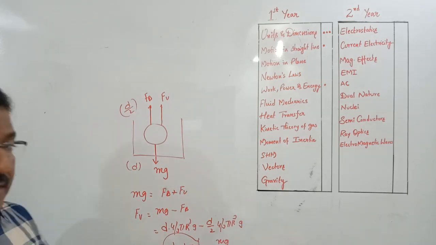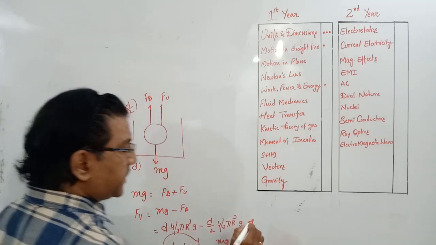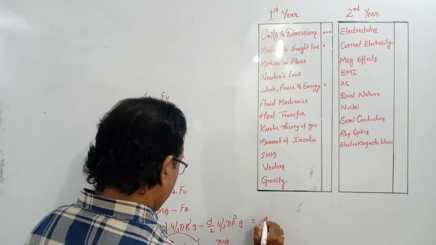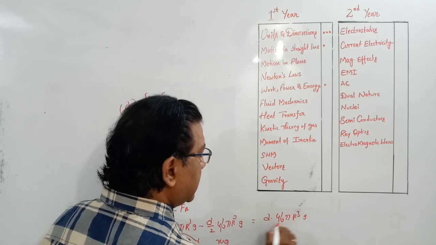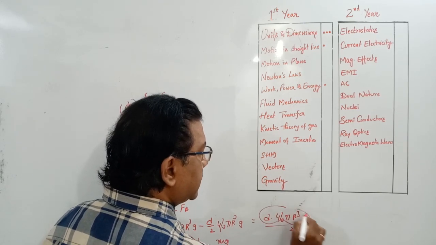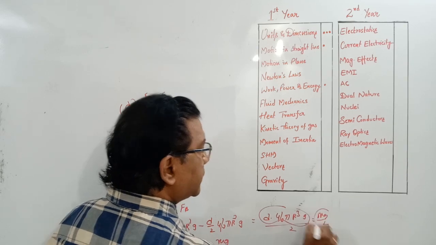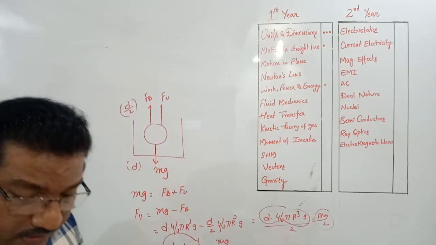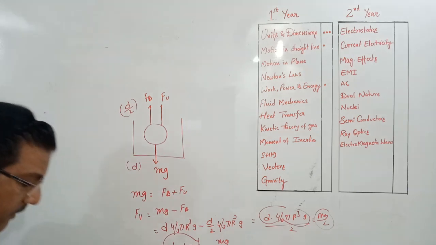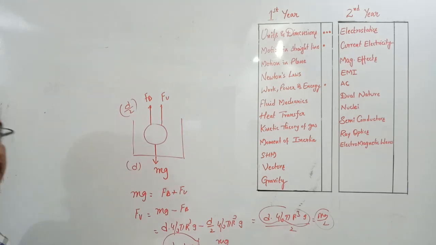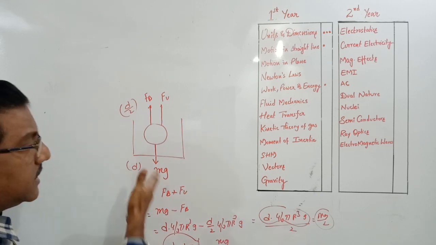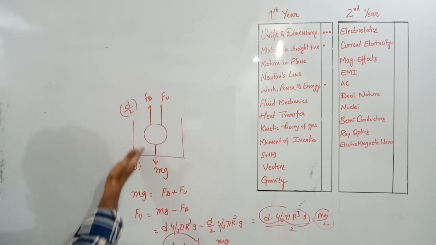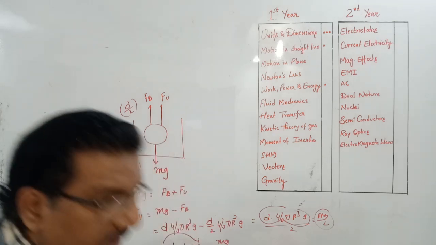Is it lengthy, sir? From here to here, if you subtract it, what do you get? You get d, 4 by 3 pi r cube g by 2. What is it? mg by 2. If you are capable to derive Stokes law and terminal velocity without by-hearting this, what is he asking? It is falling through a liquid having half the density.